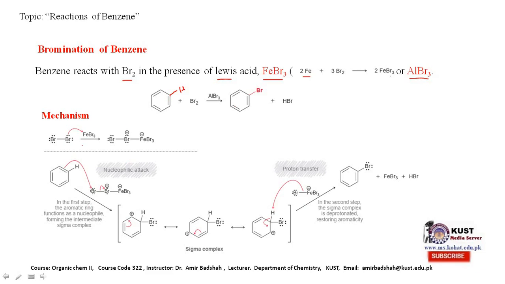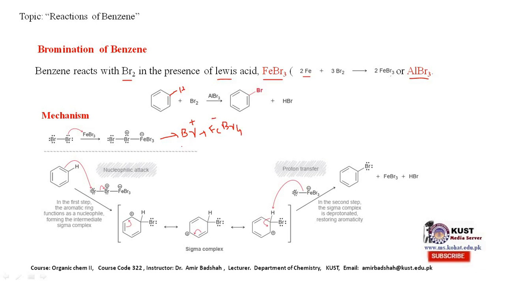First is the formation of the electrophile. Here the iron bromide acts as a Lewis acid, which is one that accepts electrons. So it takes an electron pair from the bromine and forms this complex. In some cases the electrophile is free, in the form of E plus, with FeBr4 negative appearing as the counter ion.